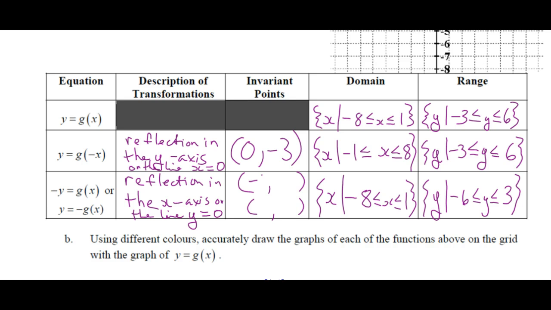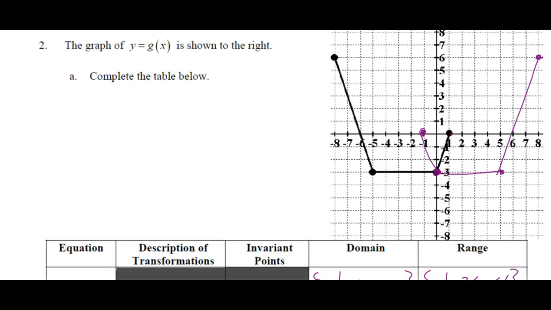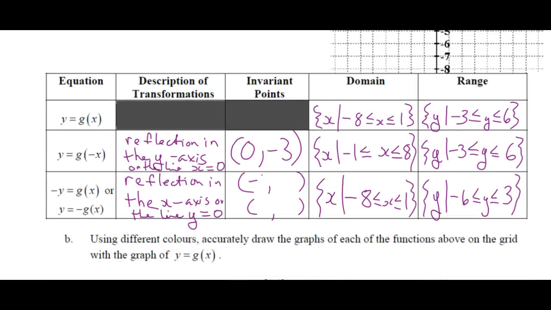Because are we changing the x values? Domain is the x values. We're not changing the x values, right? What are we changing? The y values. So it's reflected in the x-axis. So where does this point go? This point here, when I reflect it, it ends up where? Same point. What about this point? Same point. Okay, so what are their coordinates? -6, 0, and 1, 0.